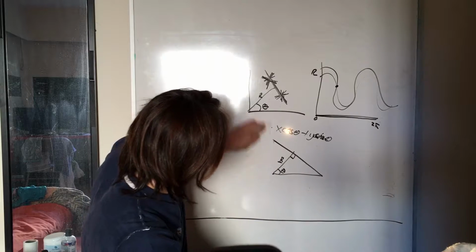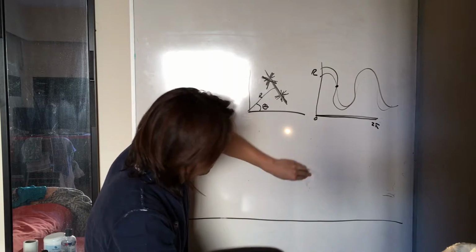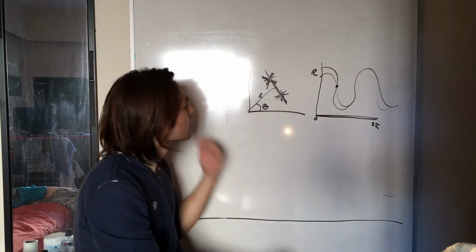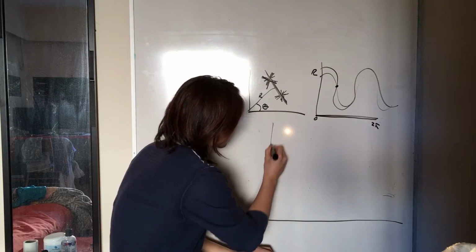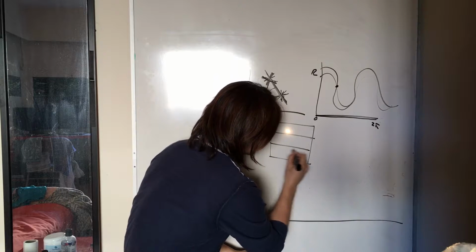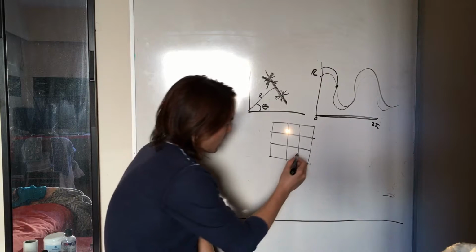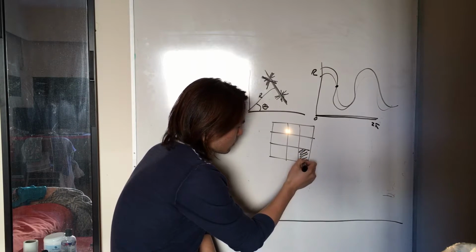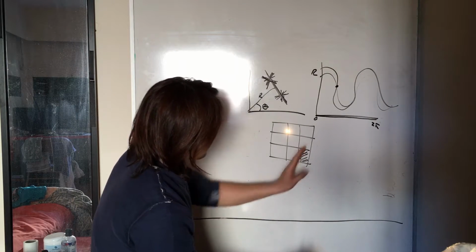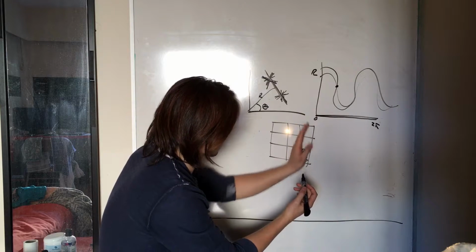Suppose we have a line at 20 degrees, and because pixels are a discrete space, we do 3 by 3 pixels, and suppose this is the pixel of the line, and you go 20 degrees.